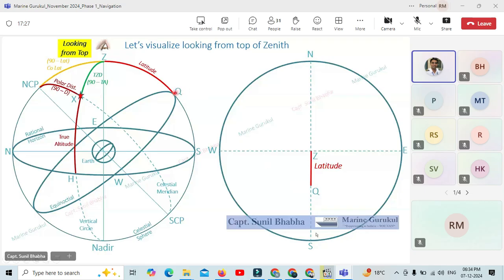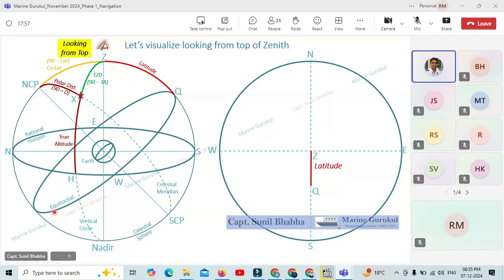Now, if you look carefully, ZQ is the north latitude. From the Q point, if you join up the W point, W to Q, and moving further Q to E, this particular arc, E point to Q point to W point, represents the equinoctial.